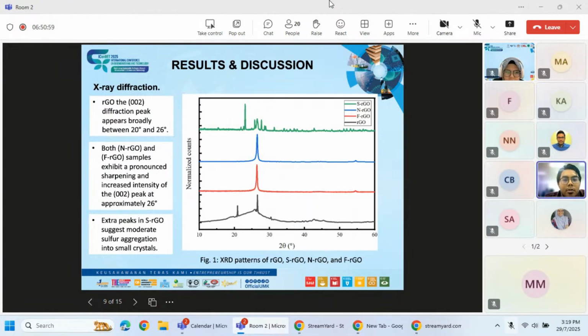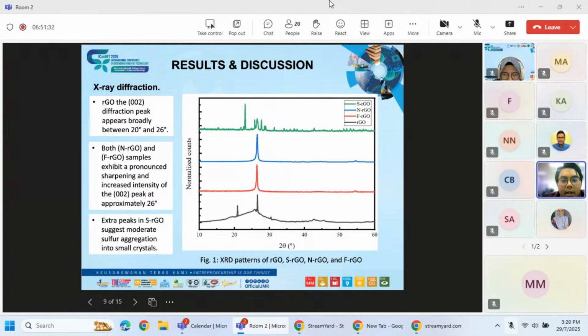The summary results show how doping affects graphene structure. The broad 002 peak in reduced graphene oxide RGO indicates the partial restoration of its carbon framework with structure disorder. Nitrogen and fluorine doped samples show a sharper peak around 26 degrees, indicating improved graphite ordering and tighter stacking, which enhance the conductivity.